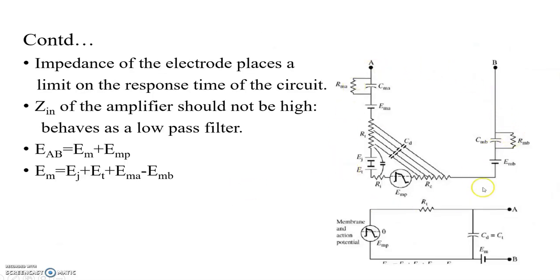This diagram represents the equivalent circuit of the micropipette. Here EMA is the potential difference between the metal wire and the electrolyte filled in the micropipette.